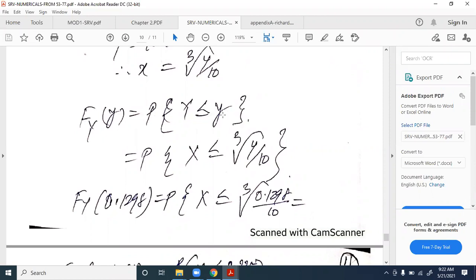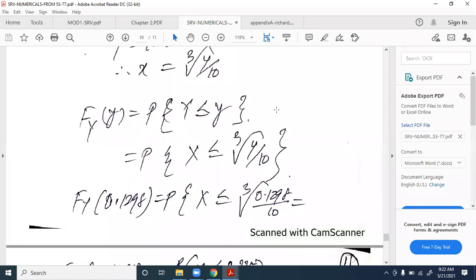Now if we substitute for x correspondingly, we can write that Fy(y) is equal to P of Y less than y, and this in turn gives us X less than the value of x, and that value of x is equal to the cube root of y by 10.